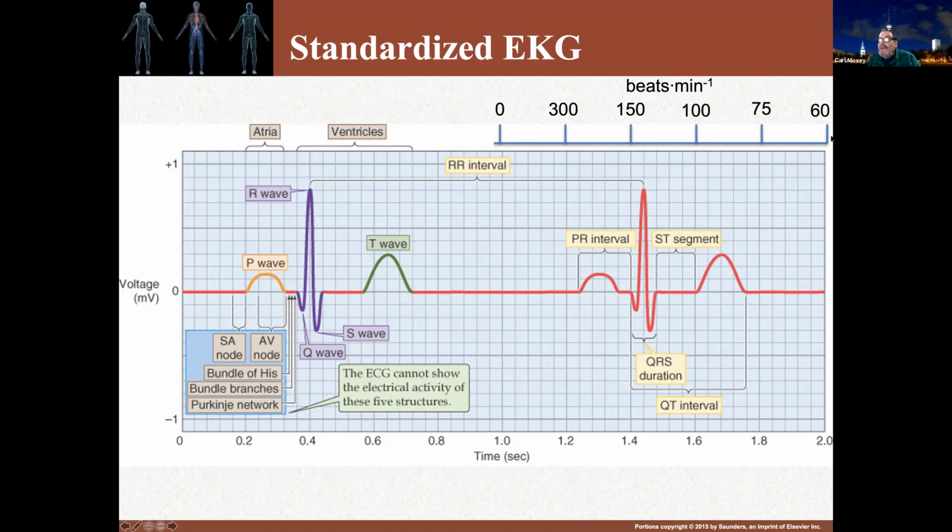All right. Now, notice that little scale at the top, a little sort of marker at the top, which goes 300, 150, 100, 75, 60. This heart rate is less than 60 beats per minute. How do I know that? Because if I count out in this RR interval the number of large boxes, I go, all right, 300, 150, 100, 75, 60.